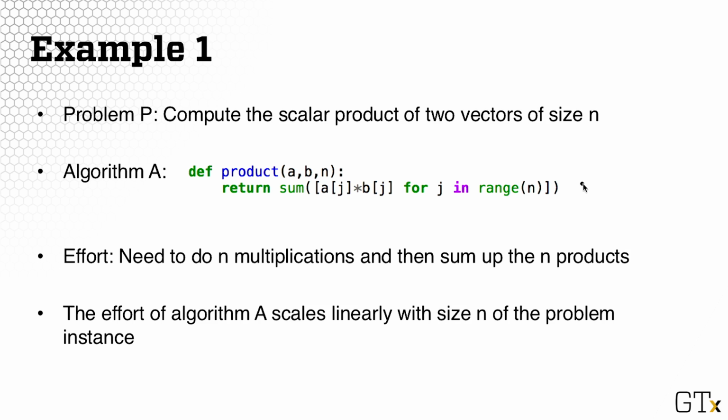How much effort does it take to solve this problem? We need to multiply n numbers and then sum up the n products. So the effort of this algorithm scales linearly with n, because if I double n, I need to sum up twice as many numbers, so the effort increases linearly.